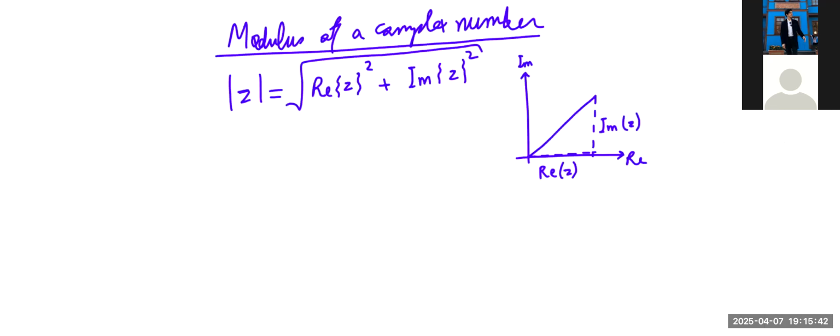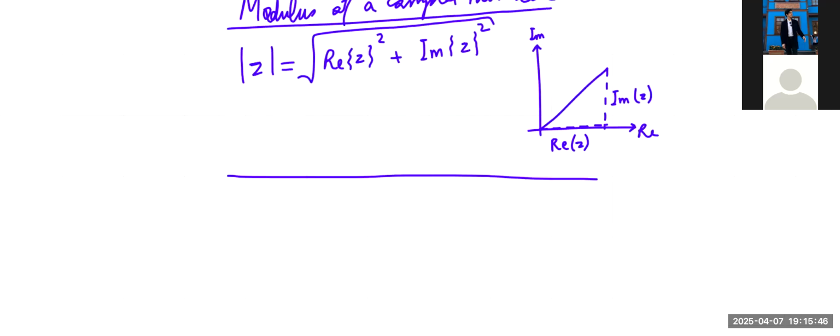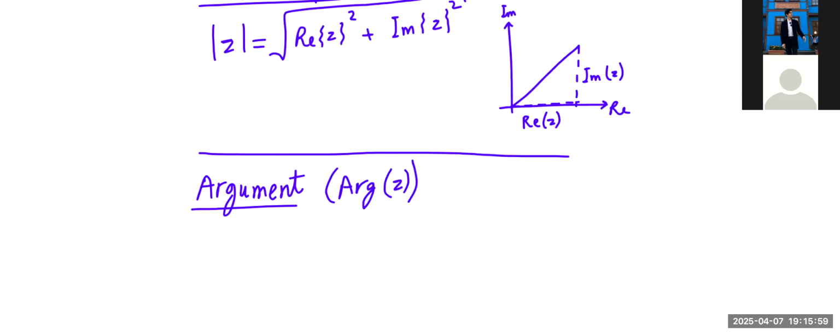Let's define one more thing about a complex number, which we call the argument of it. You will see this in books sometimes written as arg of z. You might see that notation. It used to confuse me for a while, but it just means argument. And the definition of the argument is even more surprising.